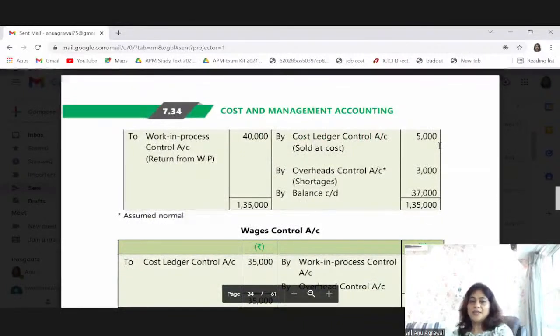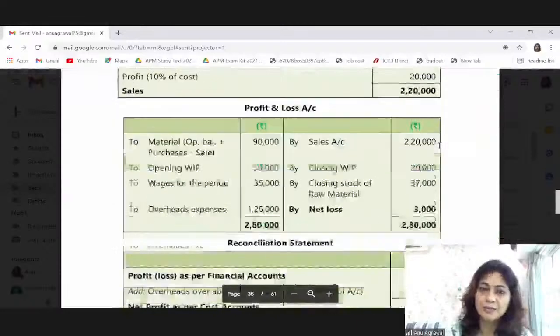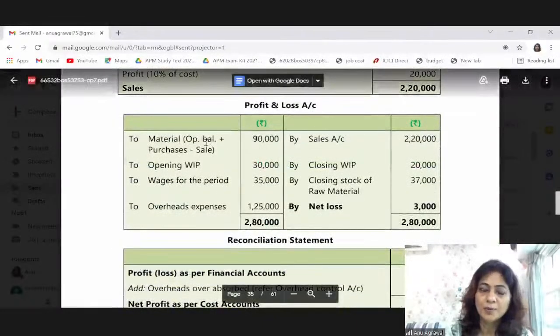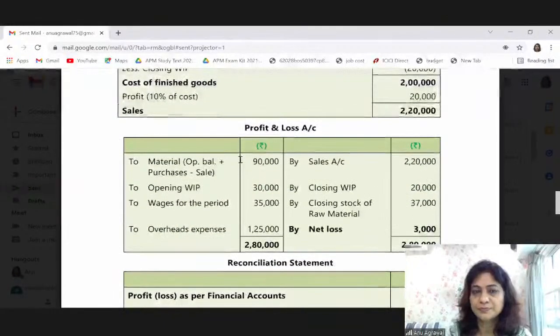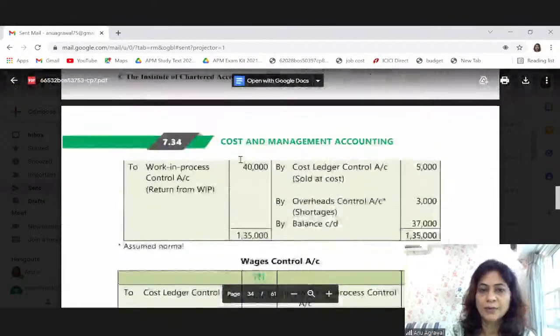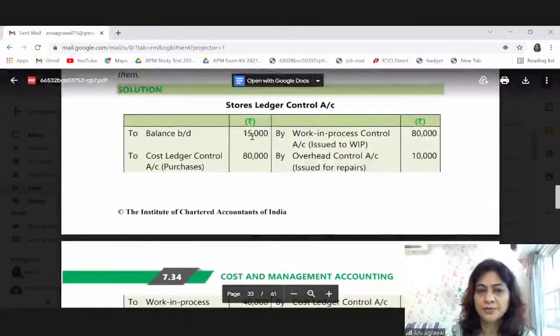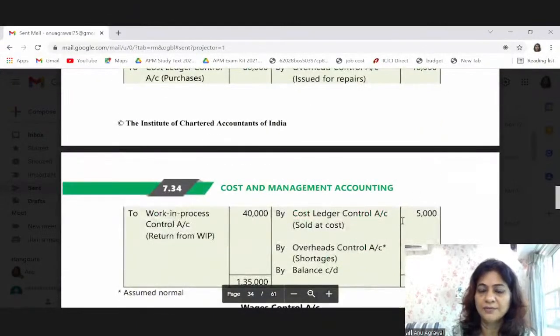Yes. How much came back? All that they have not considered. So that's it. We just put in the broad figure here. Opening balance plus purchases minus sales. So opening balance of this is 15, you purchase 80, 95, you sold 5,000.